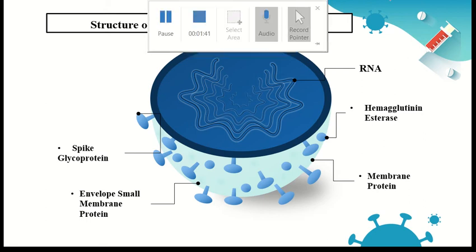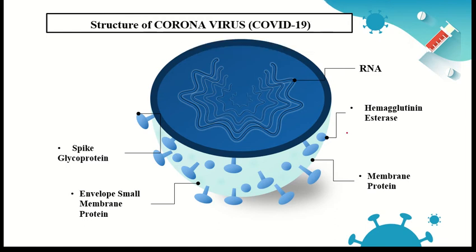So coronaviruses are a group of related RNA viruses that cause disease in mammals and birds. In humans, they cause respiratory tract infections that can range from mild to lethal. Here you can see that this is RNA. This is hemagglutinin esterase, HE, which serves as a receptor-destroying enzyme, while this is a membrane protein.